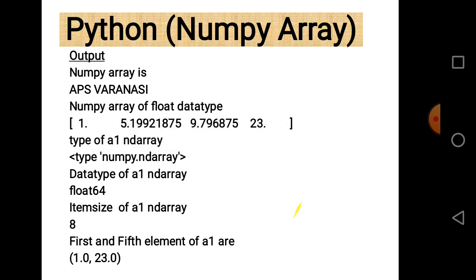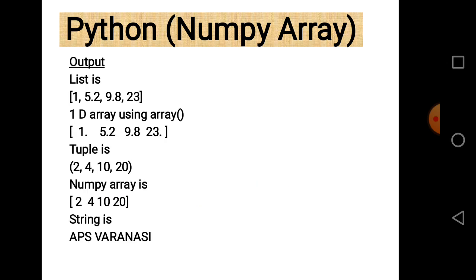Actually it is the fourth element. a[3] represents the third index, that is the fourth element. Because this is a Python statement written within double quotes, it is printed as it is, as you write it. So here the first and fifth element of a1 are printed as written, but actually it represents the fourth element. So 23.0 is the fourth element.